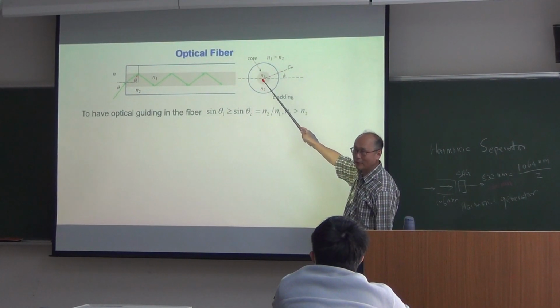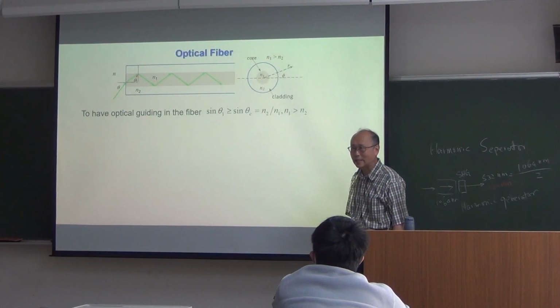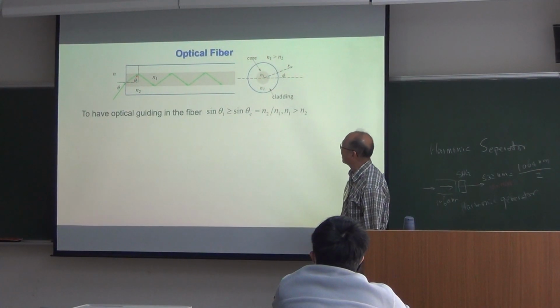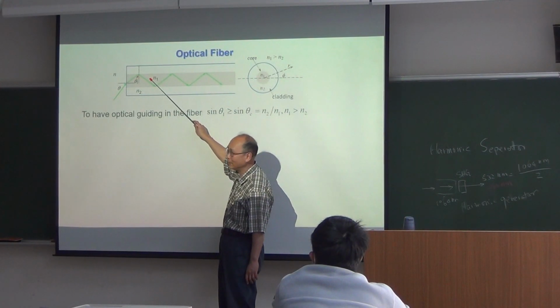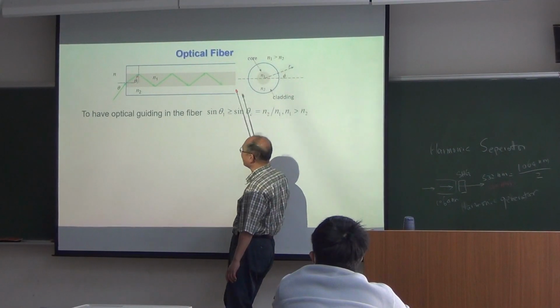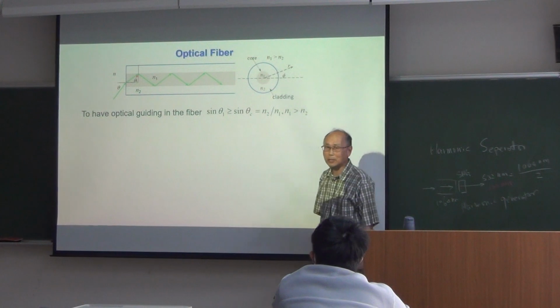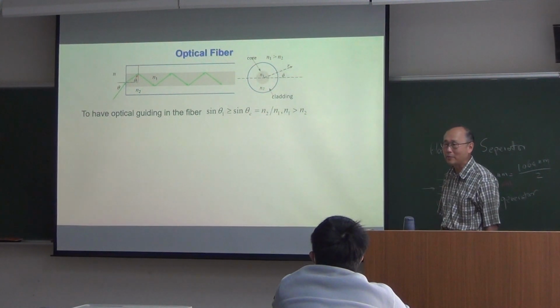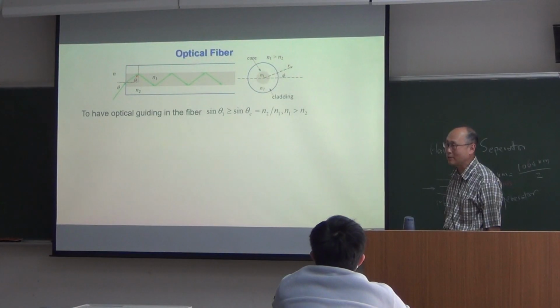The refractive index of the core is slightly larger than the refractive index of the cladding. Okay, and then if you have an internal refraction, then there's a critical angle that allows you to trap all the energy of the radiation inside. And this is the functioning principle of optic fiber, and it's a Nobel Prize. Surprisingly simple.